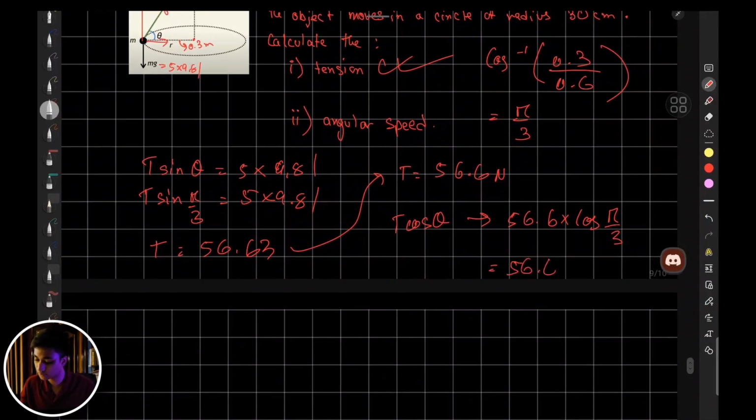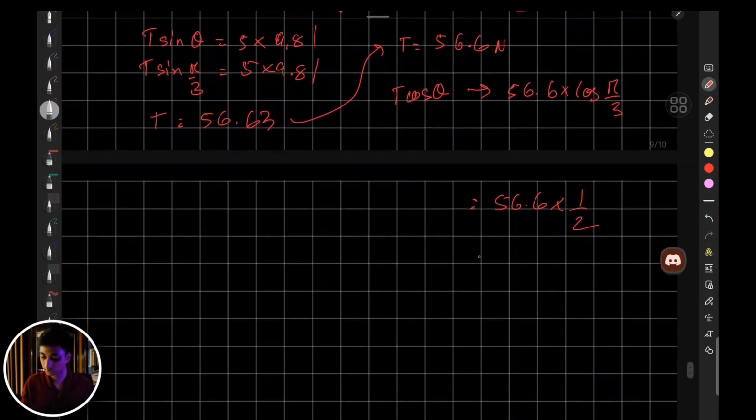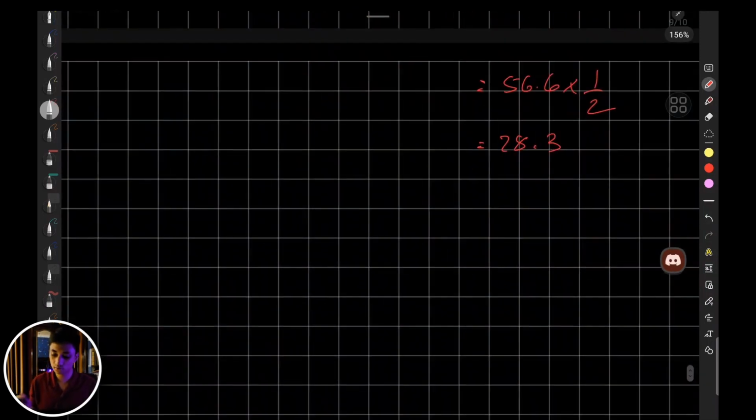So 56.6 times half is 28.3. So 28.3 is the centripetal force.